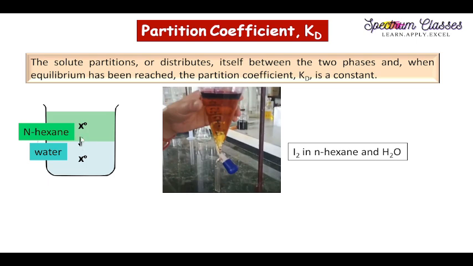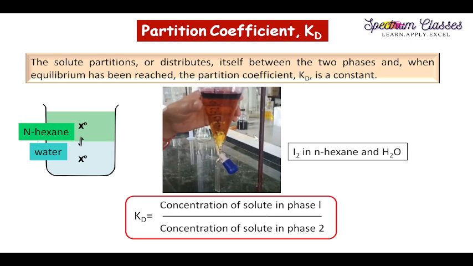Once the equilibrium is established, we calculate the equilibrium constant, and this equilibrium constant is known as the partition coefficient, represented by Kd. Here is the formula for Kd, the partition coefficient: the concentration of solute, that is iodine, in phase 1, suppose we take phase 1 as the organic layer, divided by the concentration of solute in phase 2, so the iodine concentration in the aqueous water layer.